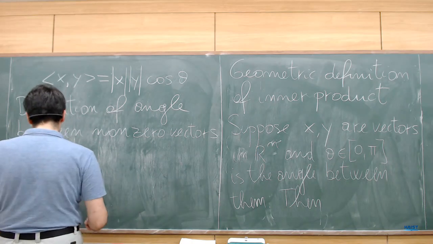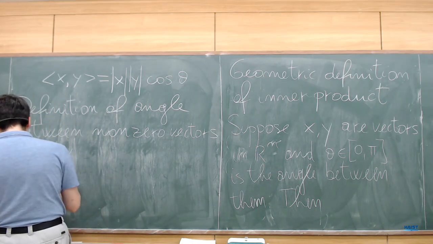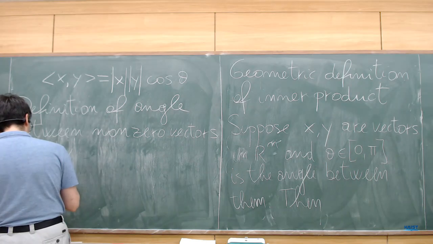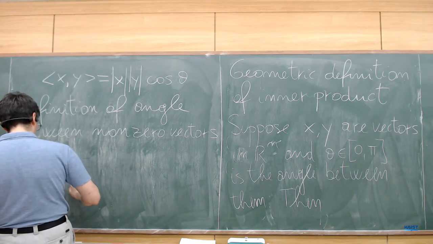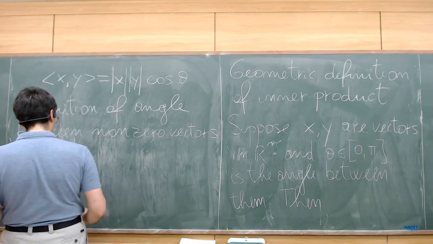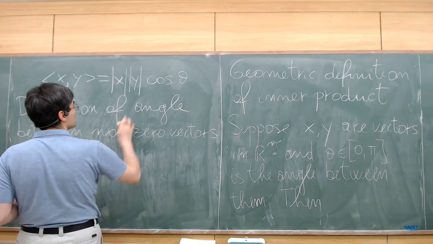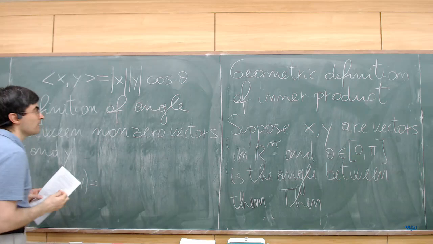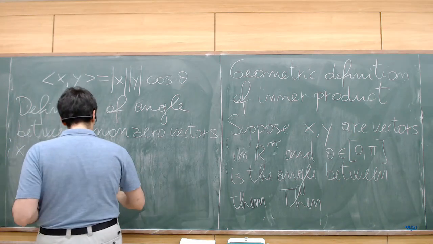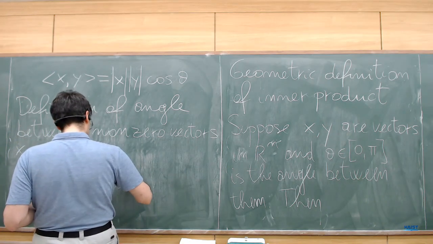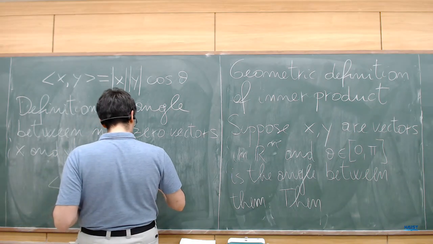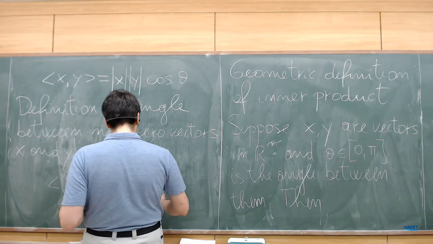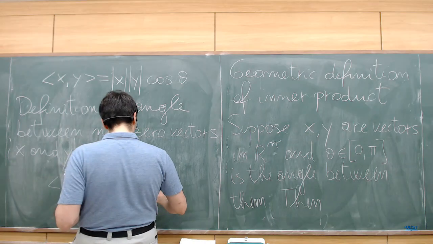It's clear that the angle between x and y according to this formula is given by the arc cosine of the quotient between the inner product of x and y and the product of their lengths.